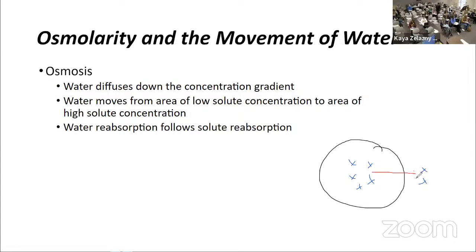And I just paused to tell you that if you understand osmosis, but what I'm about to say doesn't make sense, feel free to ignore me, because it's true that water is diffusing down its concentration gradient, but more often we look at solute concentrations, and the solute concentration is going to be the inverse, right? So if we have a little water here, we may have a lot more solute versus only a little solute here. So while water is moving down its concentration gradient, right?